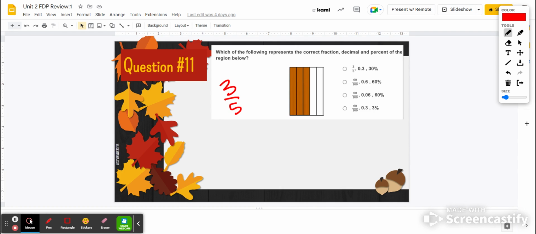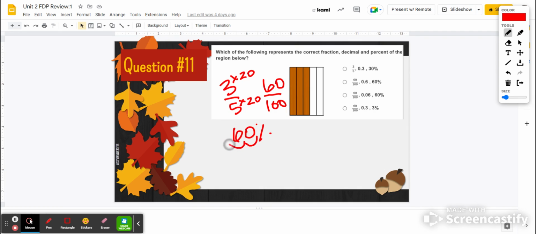We can pretty much look at the rest of these, but just to double check ourselves, if we want to get to 100, 5 goes into 100 20 times. Whatever we do to the bottom, we must do to the top. 3 times 20 is 60 100s. Uh-oh, now we have a dilemma. Well, 60 100s equals 60%.